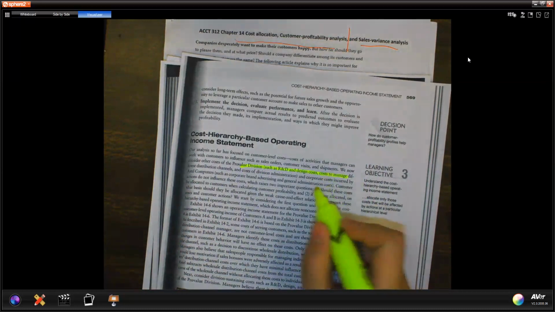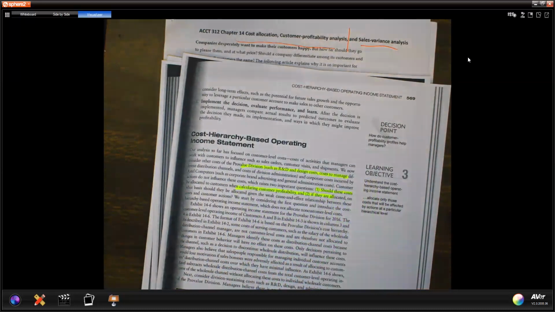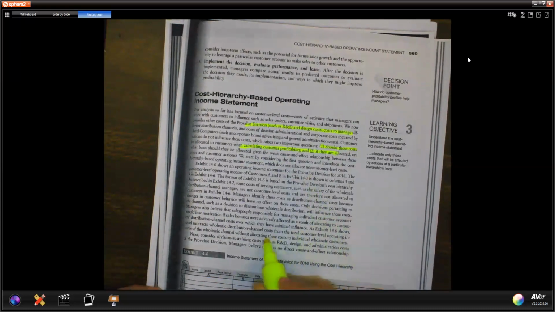There are two arguments about whether we should allocate the division level, or even the channel level, to customers, or allocate division level costs to channels. Some say yes, we need to allocate. Some say we shouldn't allocate, because there is no cause and effect relation.